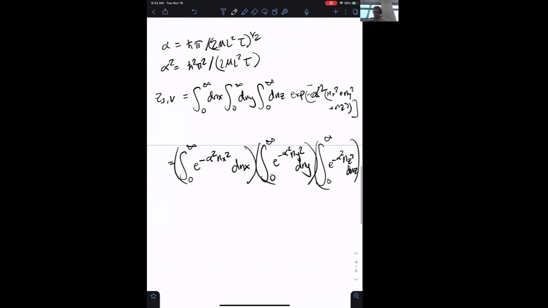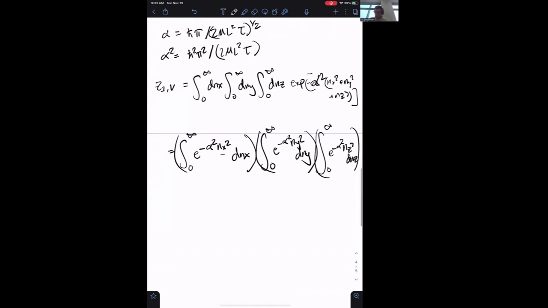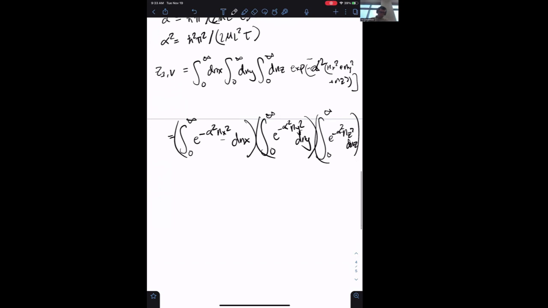And like I said, this is just the same integral three times. These nx, ny are just dummy variables, so we can call them all just dnx. And then we have the same integral dnx, and we're just going to cube that.